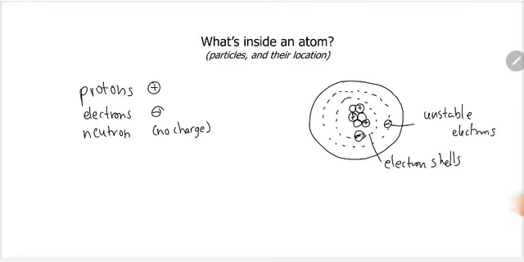When we say unstable, they are able to move from one atom to another. Doon sa yung mga electrons na nasa outer shells, they are able to move around freely. Kasi low instability sila. They are characterized as being lower instability. So please remember that.